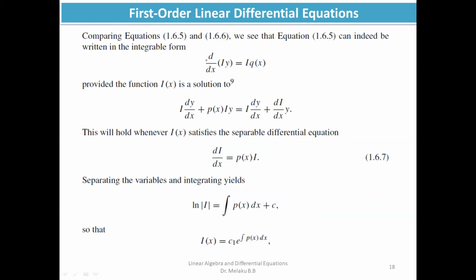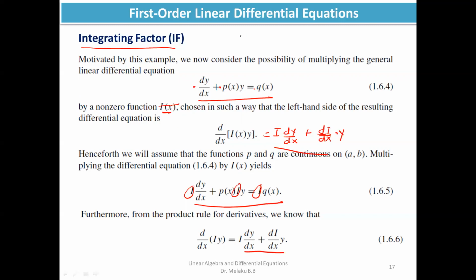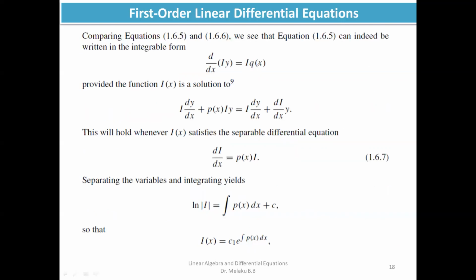Therefore, let's compare 1.65 and 1.66. This is 1.66 and this is 1.65, and these are one and the same. Therefore, we can equate them to each other, because d/dx of Iy is the same as I times q(x). You can check it, provided that the function I(x) is the solution.